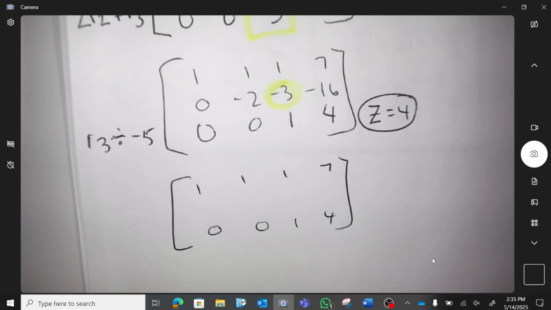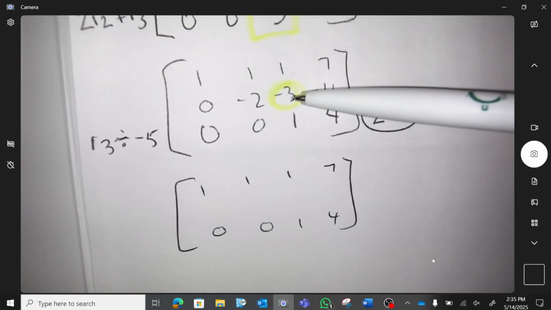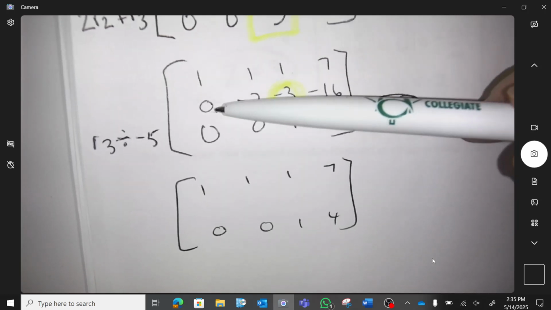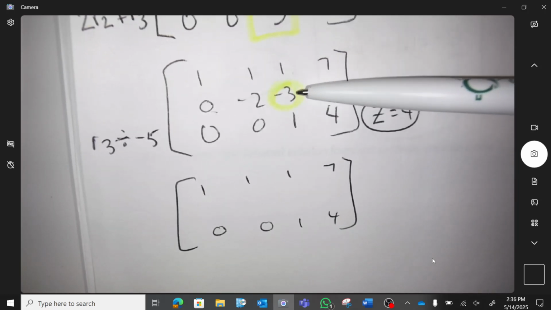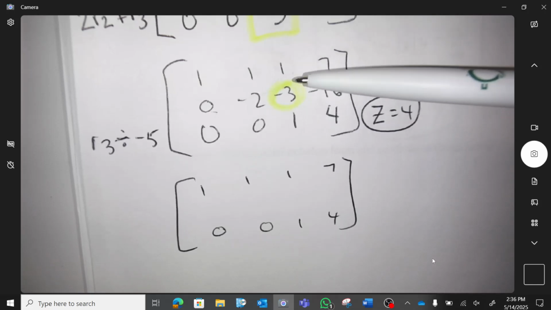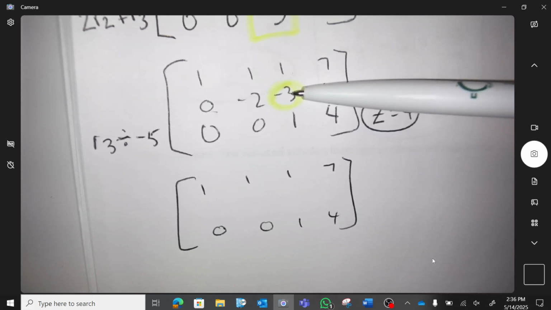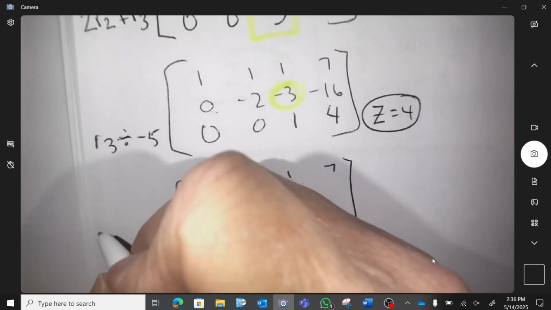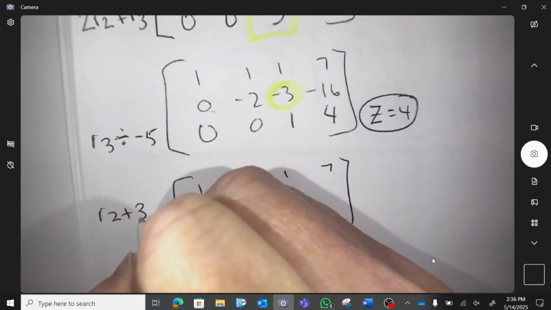Okay. What row do you want to combine it with so that we make sure everything else stays zeros in the front? The third row. So I'm going to go this plus triple that. Row 2 plus triple row 3.